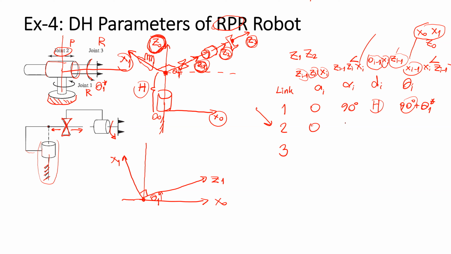The twist, the angle difference between Z1 and Z2, is also 0 because they have the same direction. The offset is the distance from O1 to X2 along Z1.